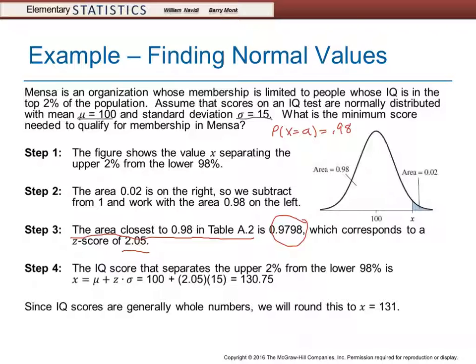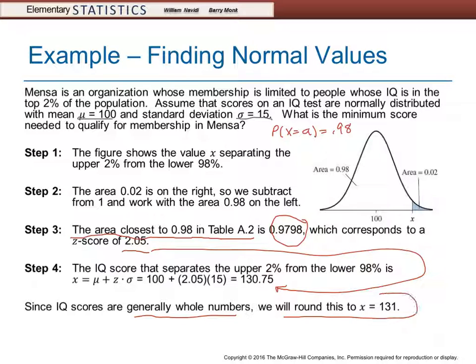Once we have the z-score, we go to step 4 and plug it into our formula: 100 plus 2.05 times 15 is equal to 130.75. And of course, IQ scores are generally whole numbers, so we round it to x is approximately equal to 131.